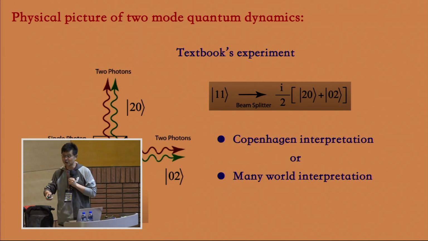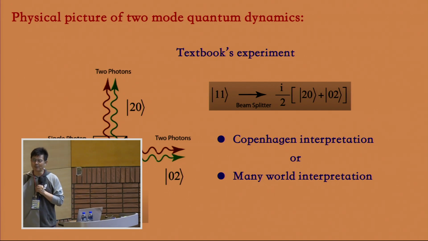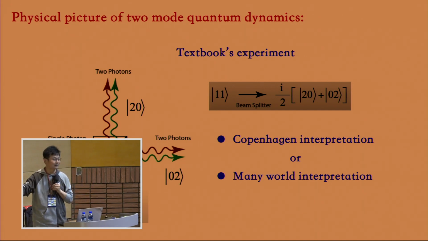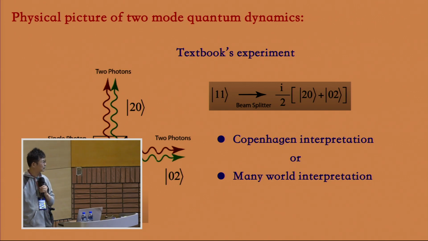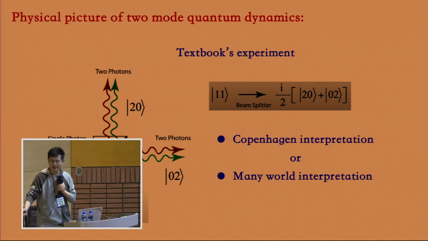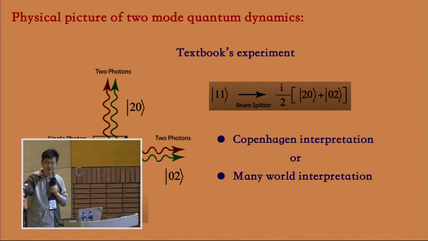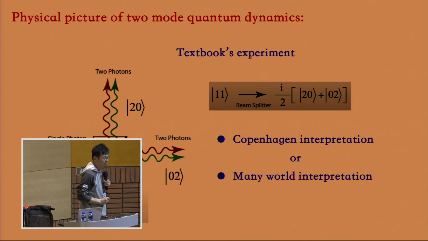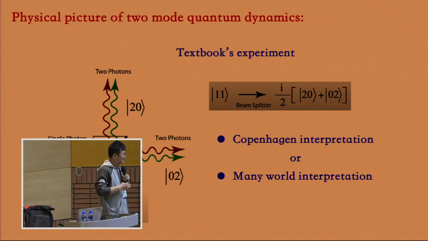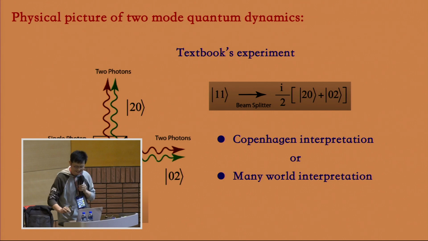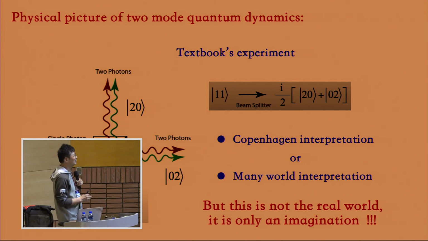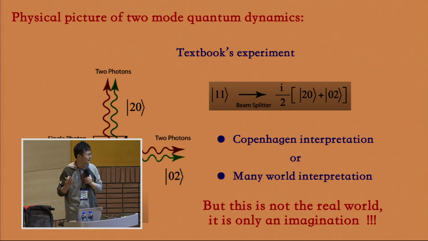Because if we do the measurement, based on the probability interpretation, the state will jump to here. You don't see this one. But based on the many-worlds interpretation, you can have both. You measure this one, so you go to one world, then another world you never see. But those are fairly ideal cases. Actually, it is not the real physical world. It is just our imagination.